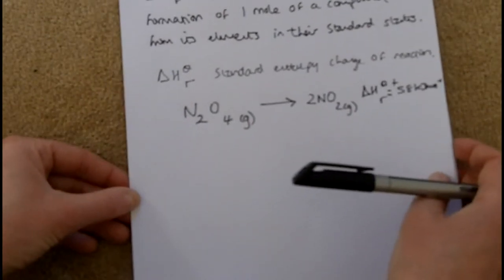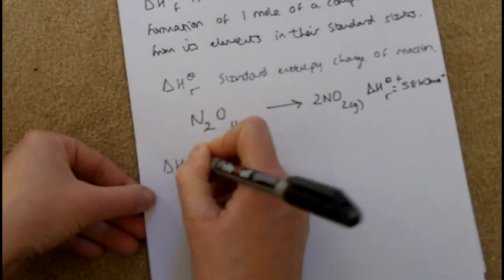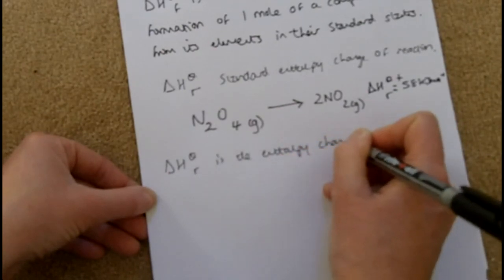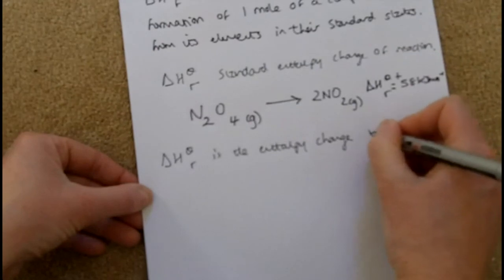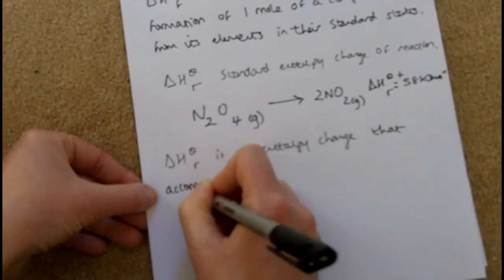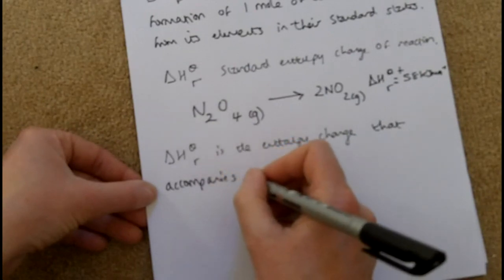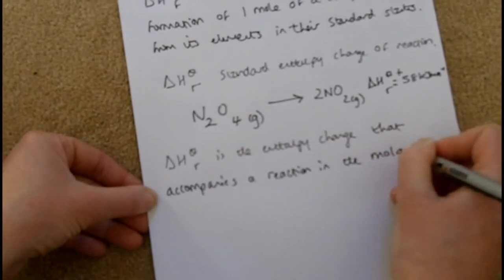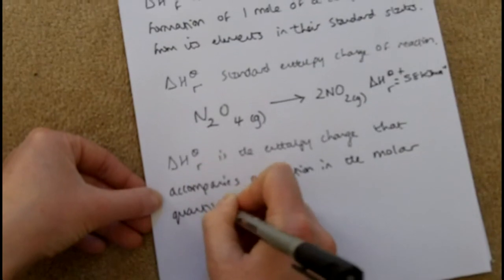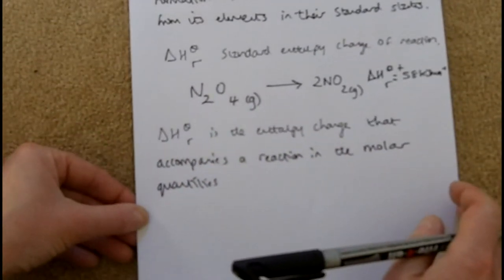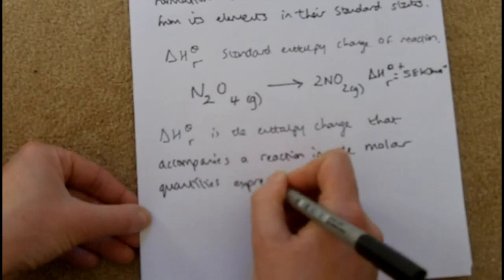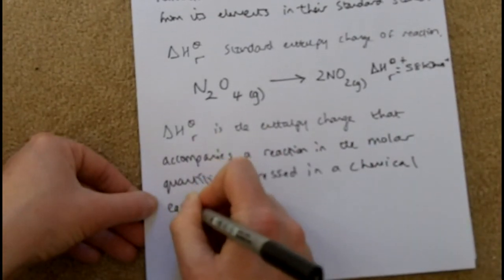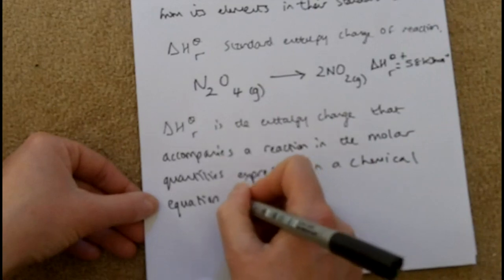You still need to know the definition for this. The standard enthalpy change of reaction is the enthalpy change that accompanies a reaction in the molar quantities expressed in a chemical equation, under standard conditions.